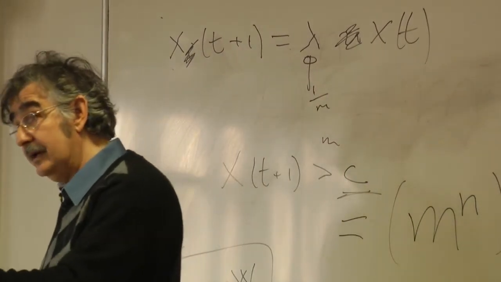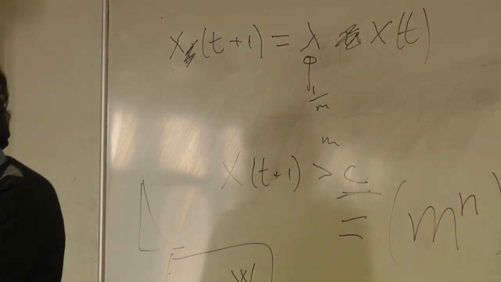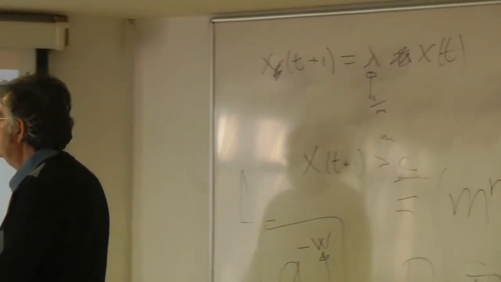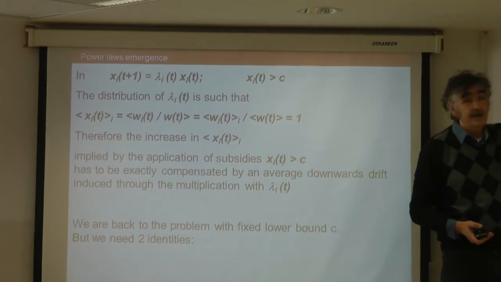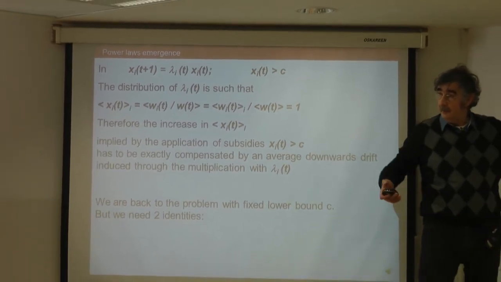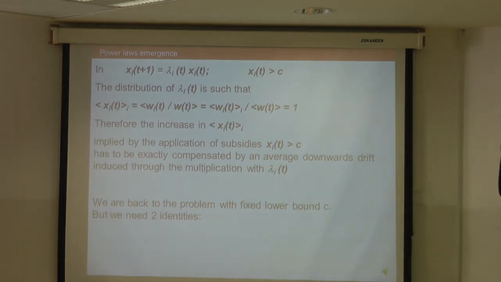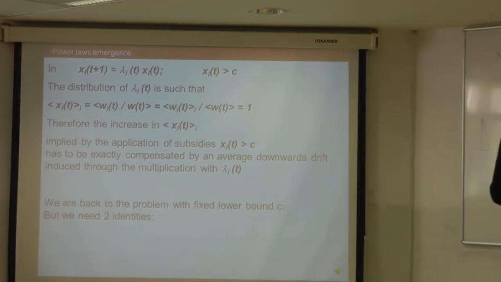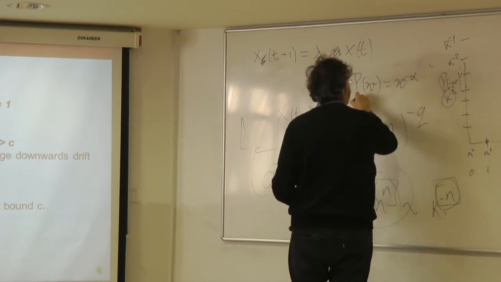Maybe I solved it in a little bit of a particular context. So you'll have to allow me to solve this problem with 1 over m and m, even though I'm not guaranteed. But I will get a situation in which this P of W equals W to the minus alpha.